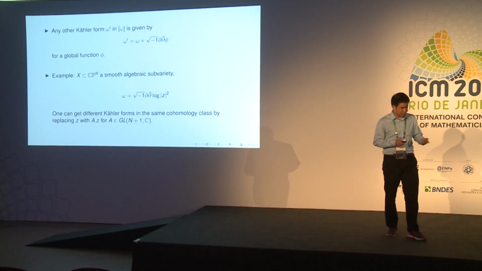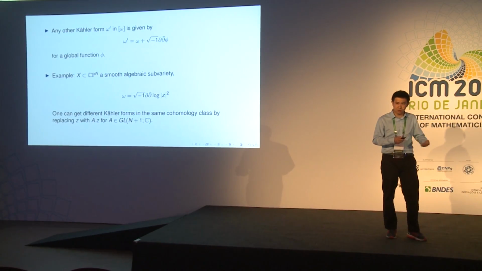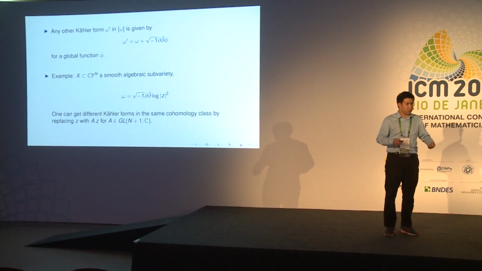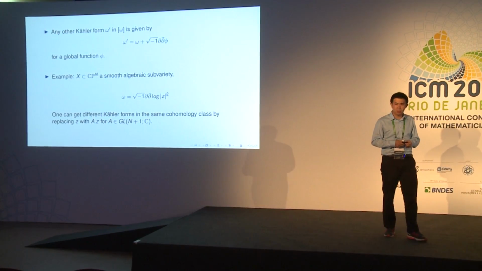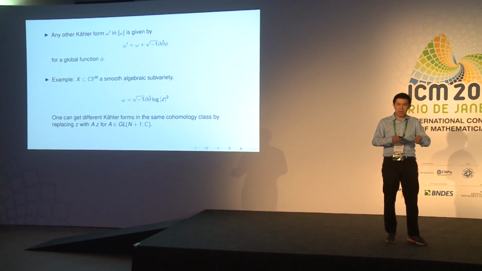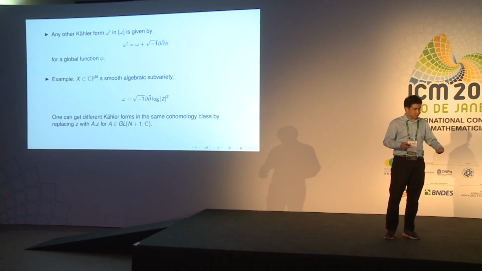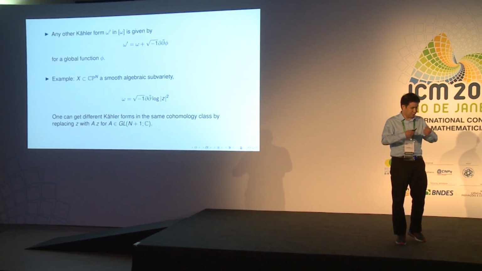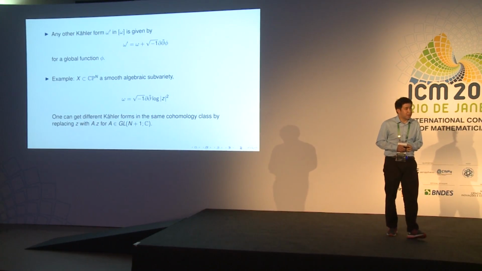One point to make is that when you say Fubini-Study metric, this is not intrinsic, it's not unique, because if you just consider the complex structure X and you embed into CP^N, then this embedding is not unique.